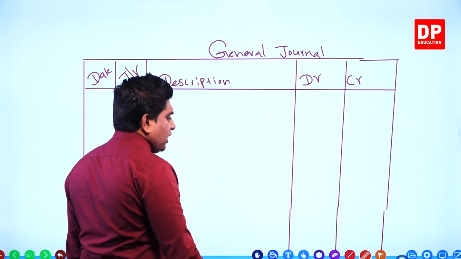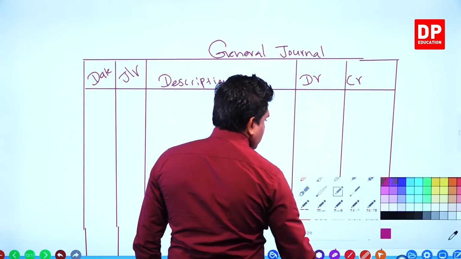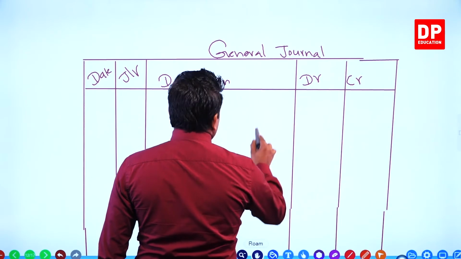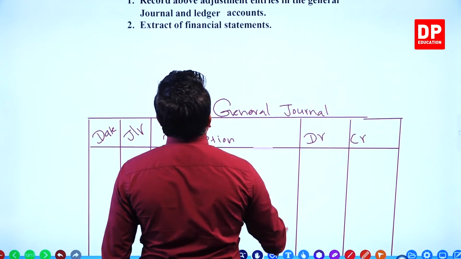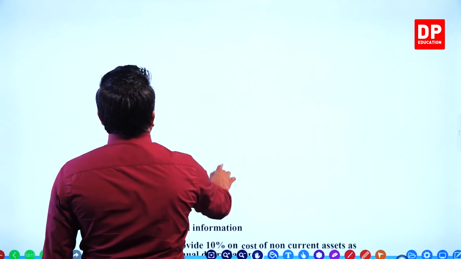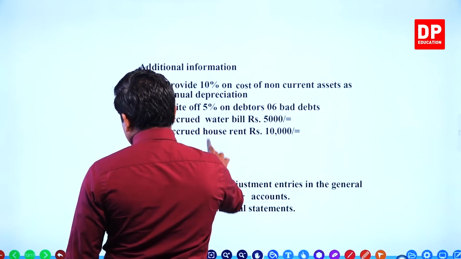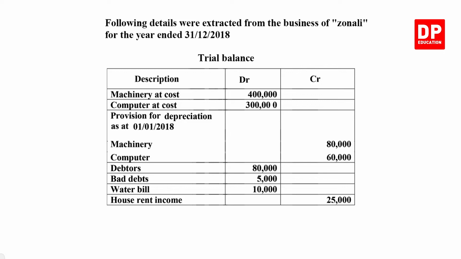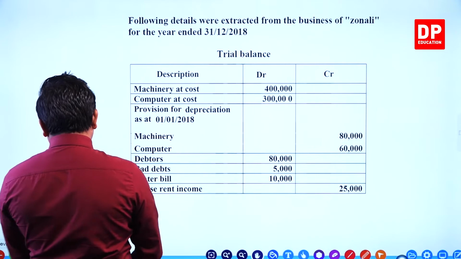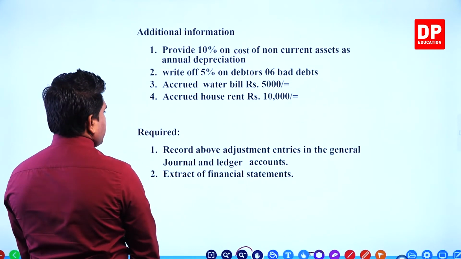I use the blue color to write the details inside the accounts, right? Okay. Now you go to the question first, right? They have given us machinery at cost 400,000, computer at cost 300,000, provision for depreciation, debtor value and bad debts, water bill and house rent income, right? First we go to the adjustment.